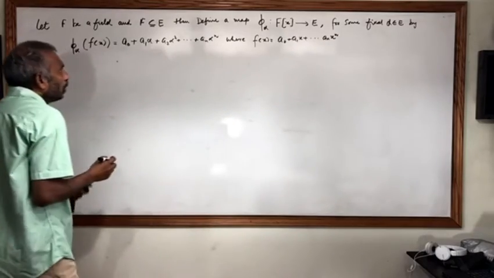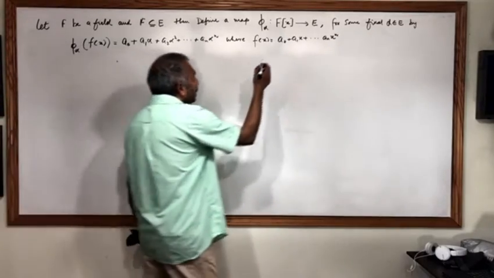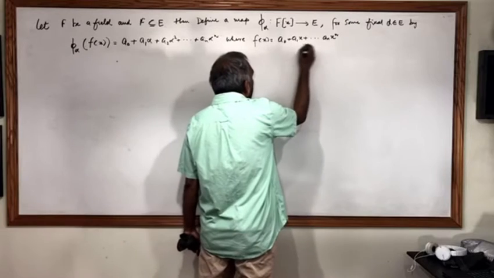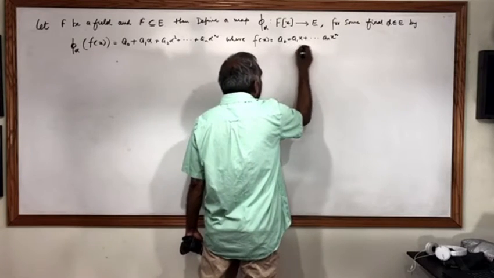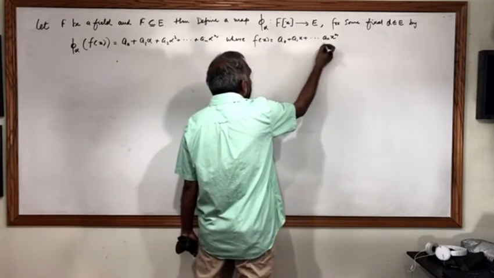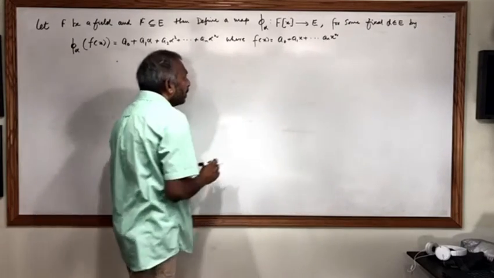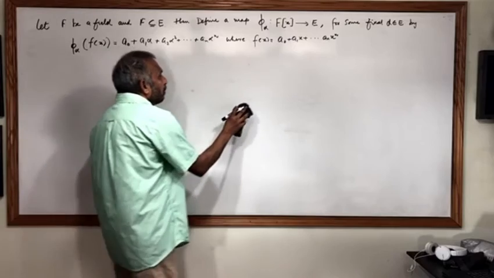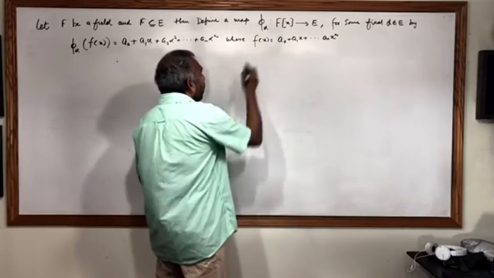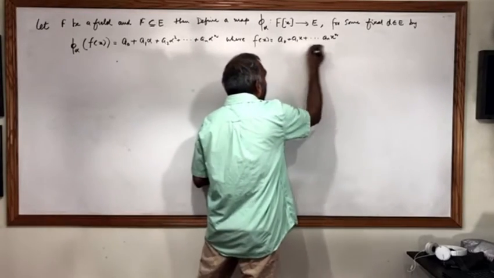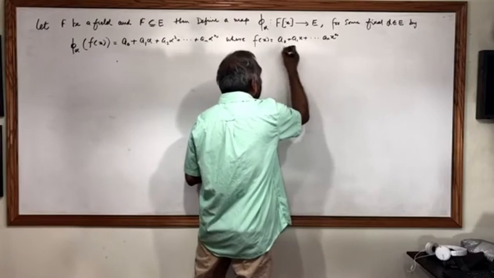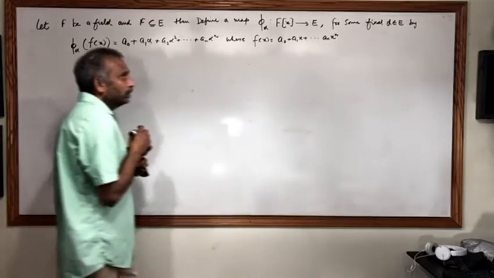See, though we have defined the polynomial as an infinite sequence of terms like this, eventually a polynomial will have only a finite number of non-zero terms.